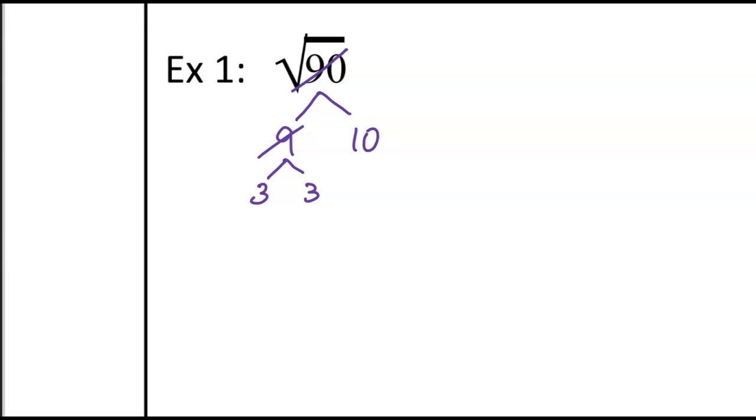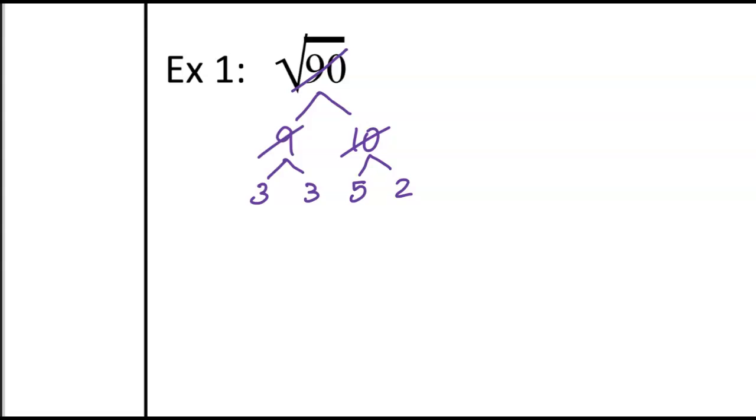So 3 and 3 are set. They're good. They can stay. But 10 still needs to be factored. Into what and what? 5 and 2. Cross off 10. Can we factor 5? Not really. We can factor into 5 and 1, but that's just repeating the same 5 again.